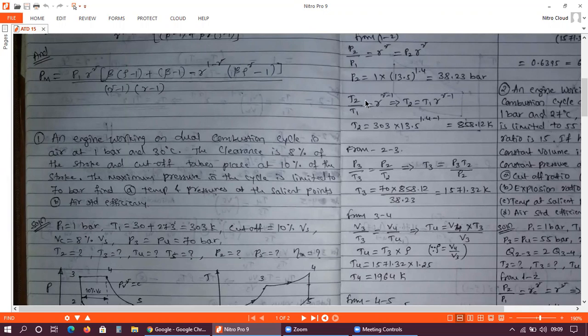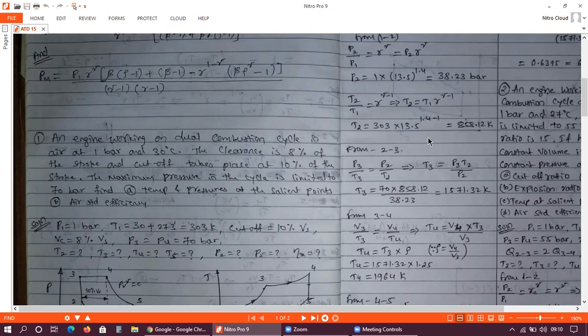Similarly, now coming to the TS diagram, T2 by T1 is equal to r raised to gamma minus 1. So from this equation, T2 is equal to T1 r raised to gamma minus 1. If you substitute all the values, you will get T2 is equal to 858.12 Kelvin.